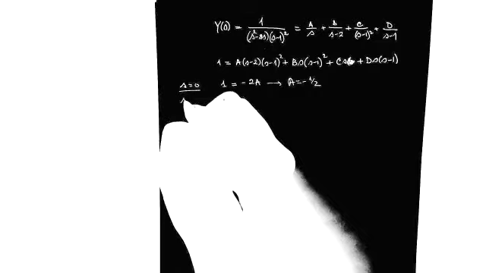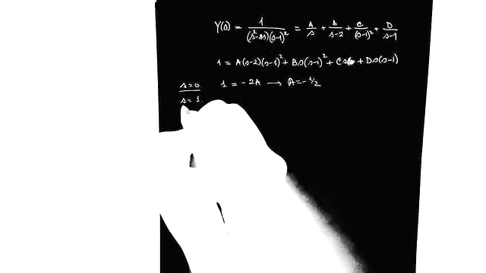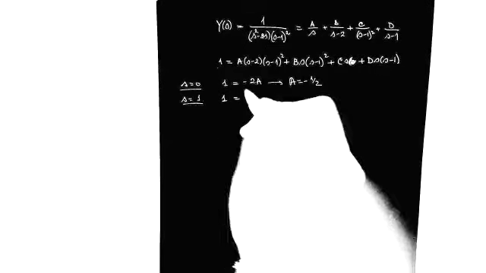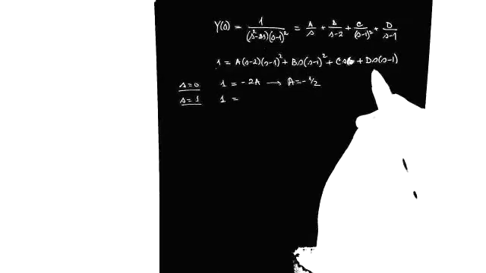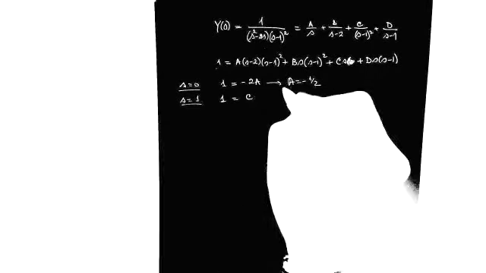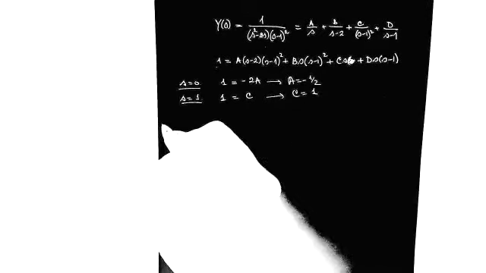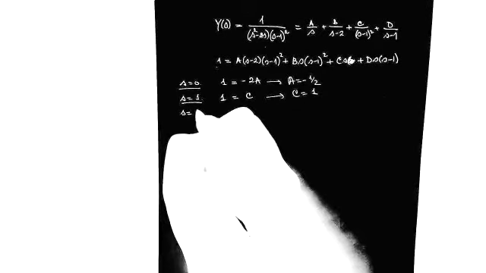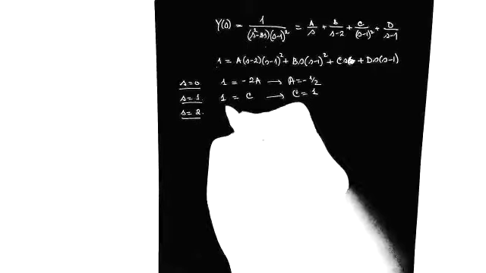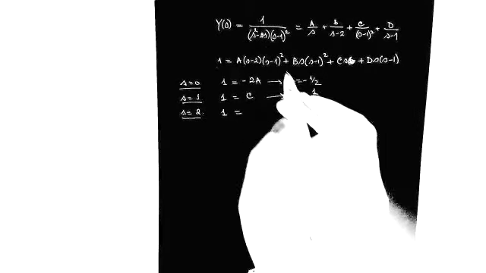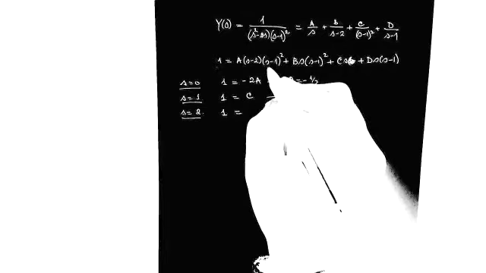If we plug in s equal 1, we get 1 on the left equal 0, 0, 0, C. So right away, C equal 1.